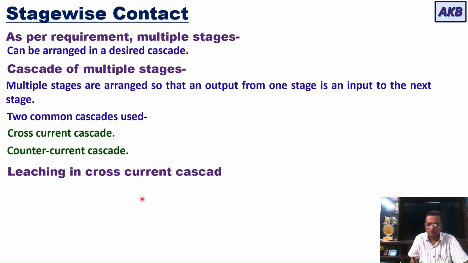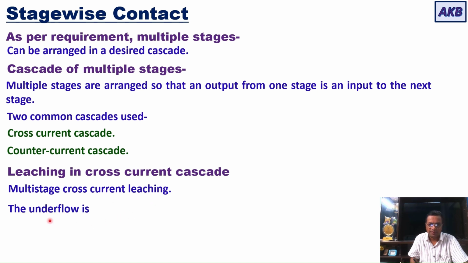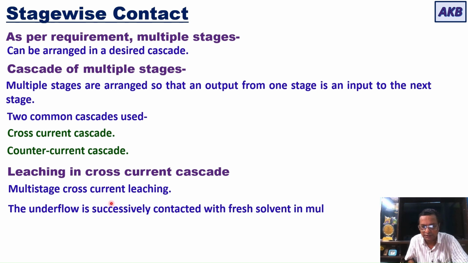Now, when leaching is carried out in a cross current cascade, you call it multistage cross current leaching. In this case, the underflow is successively contacted with fresh solvent in multiple stages.